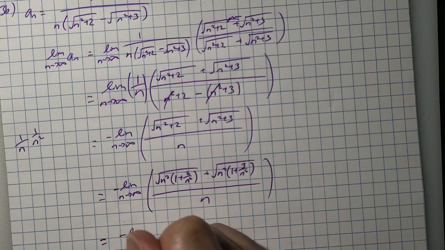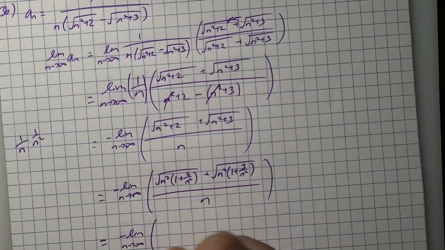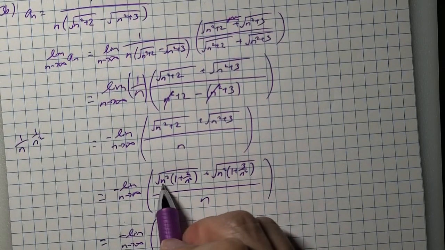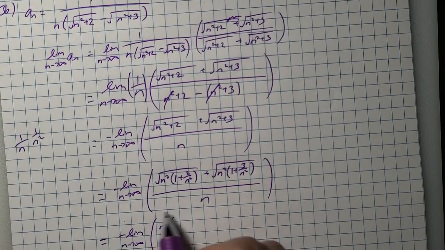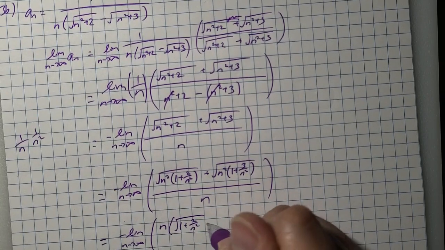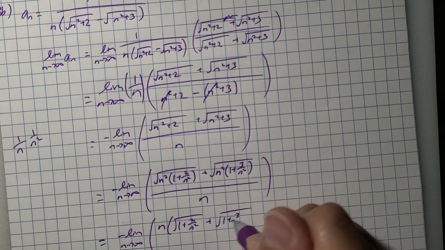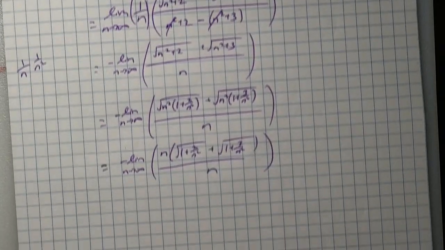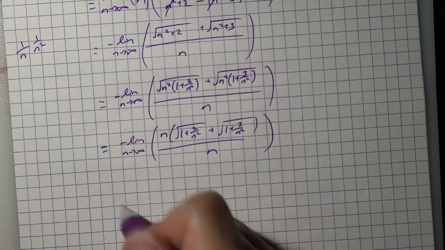So this is the same. We get n here, we get n here, we can factor that out. So square root of 1 plus 2 over n squared plus square root of 1 plus 3 over n squared, divided by n. Okay, we get this.